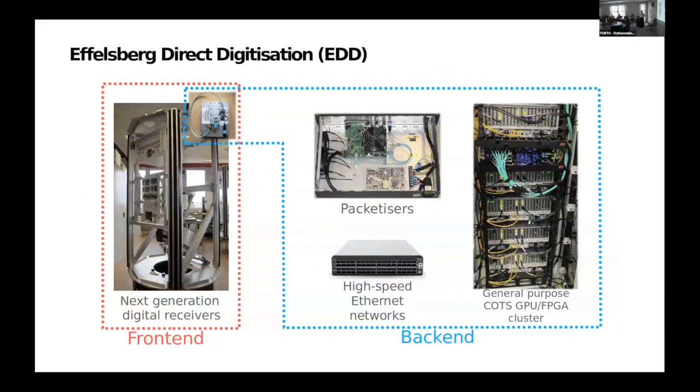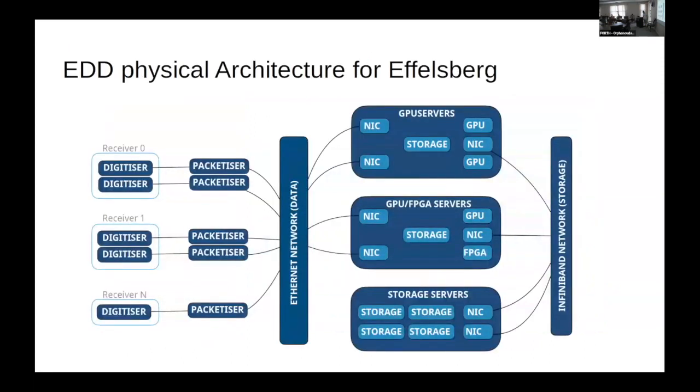In the blue box are the backend components. It includes the ADC, the packetizer, the networks, general servers, GPU, and so on. From the perspective of physical architecture, you have already seen the slide from John.